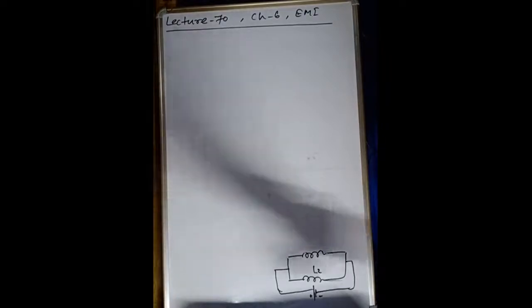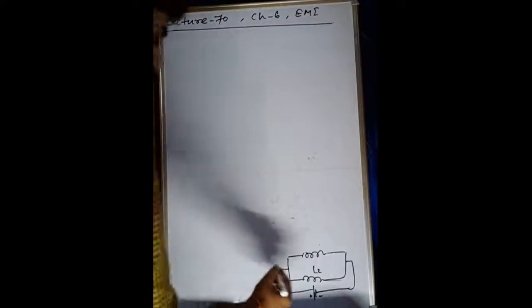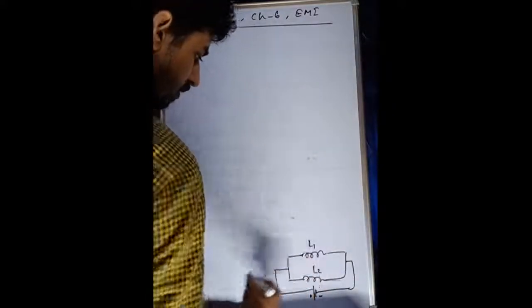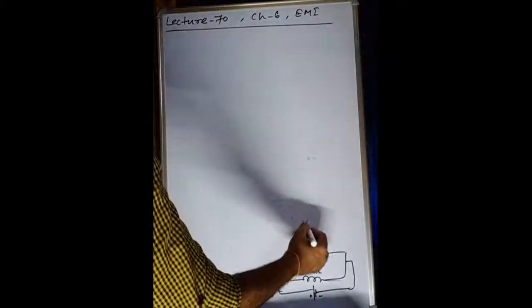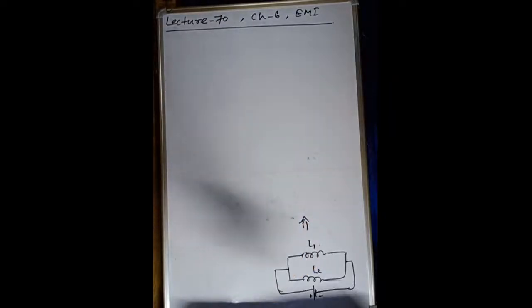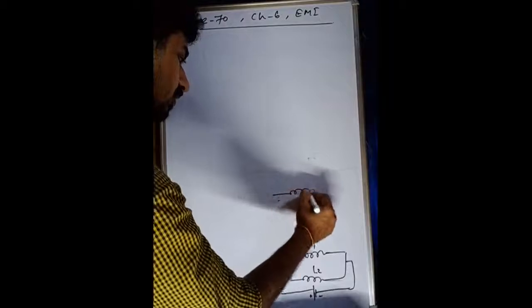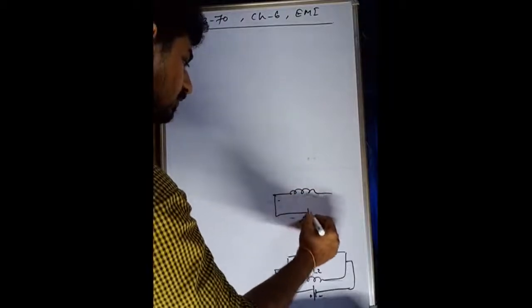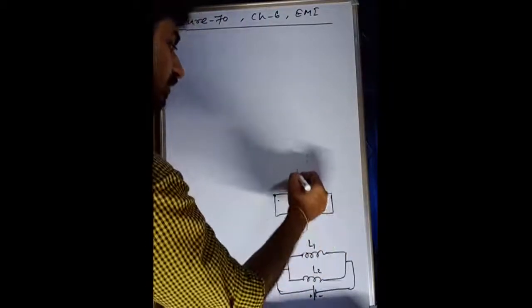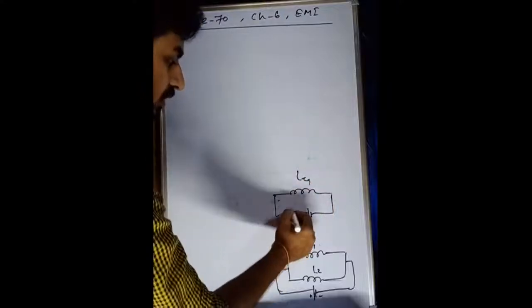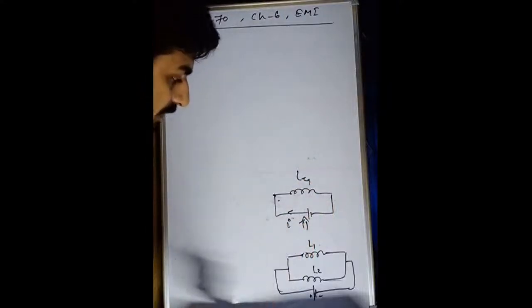In this parallel combination, if these are L1 and L2, we have arranged here one inductor with the same source. It is L equivalent, leaving the current I.